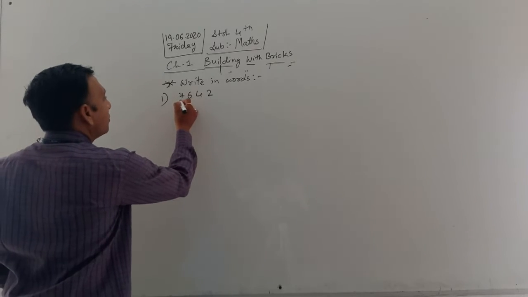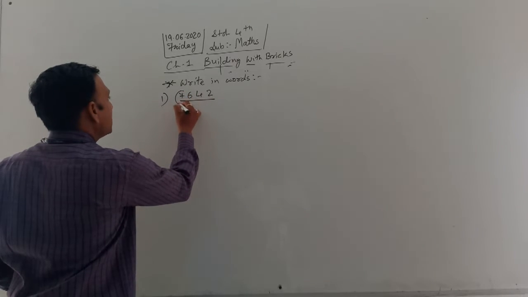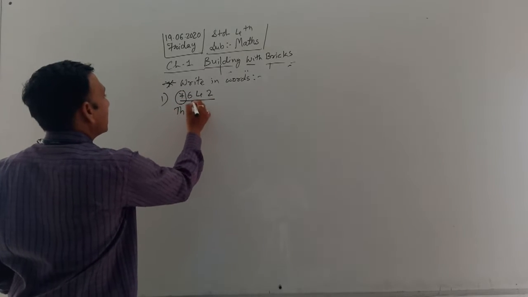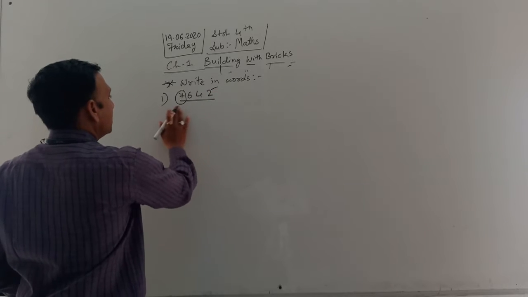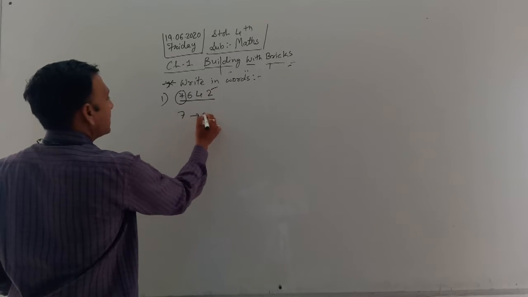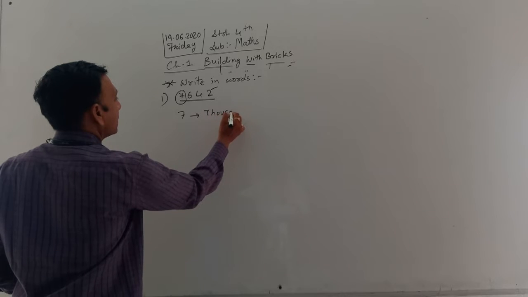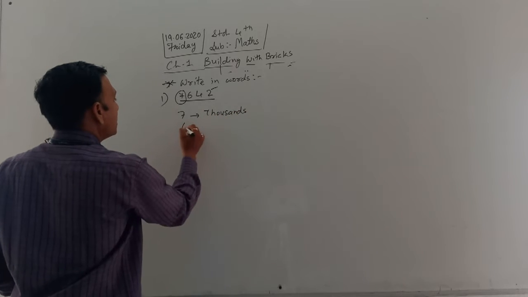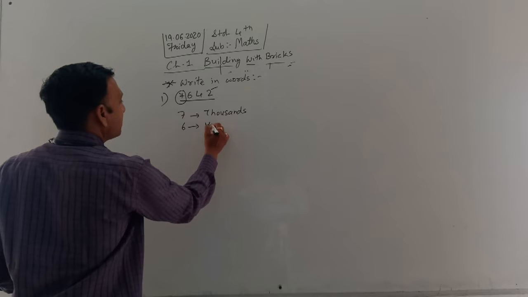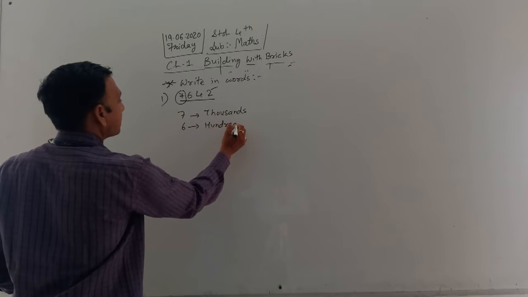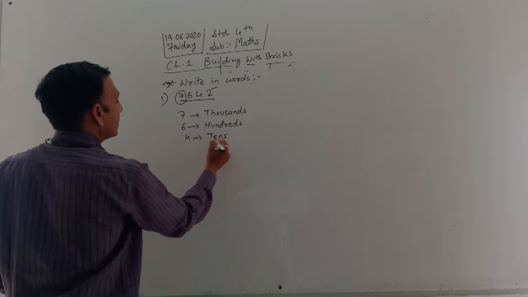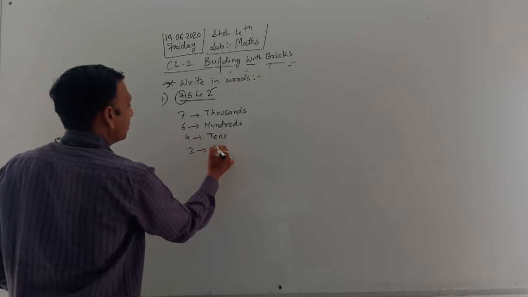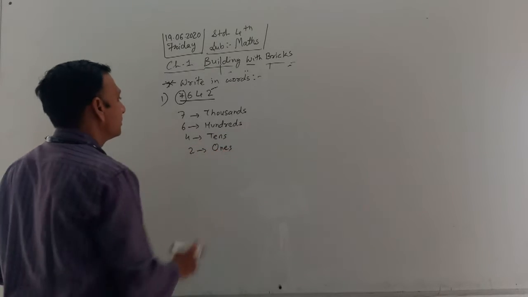So, first of all, this is the ones place. 7 is at the thousands place, 6 is at the hundreds place, 4 is at the tens place, and 2 is at the ones place.